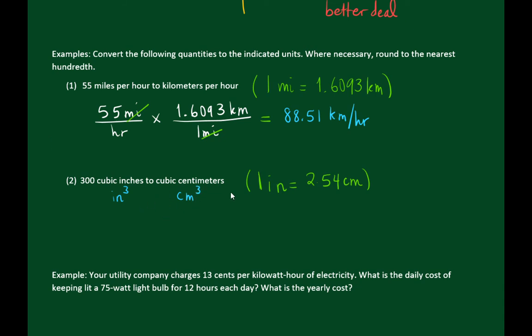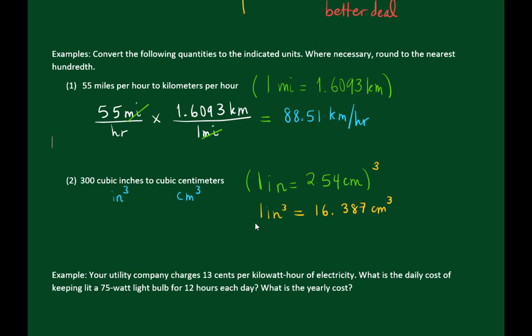If you remember from the previous video, for cubic or square units you have to square or cube the equation. If you cube each side, 1 to the third is 1, and if you cube 2.54, you get 16.387 cubic centimeters. This is how you find that conversion factor.